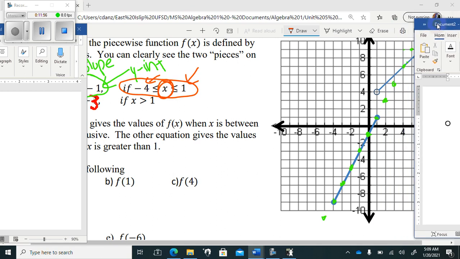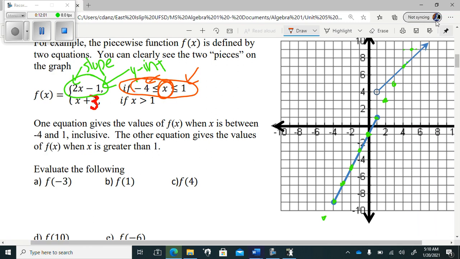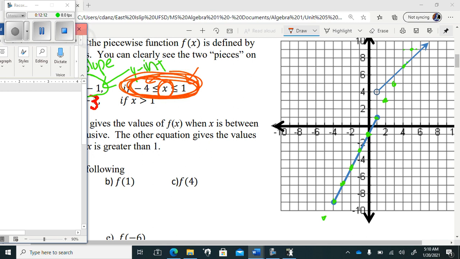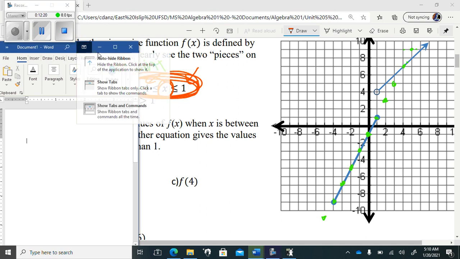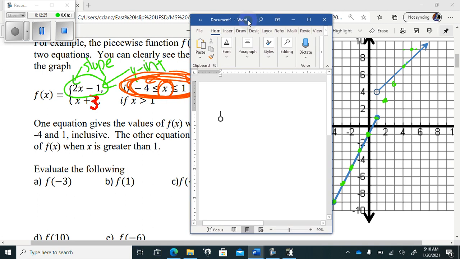So I have to connect the points that I plotted that are between -4 and 1 on the x-axis. So I'm going to use this as my index card and cover up x's that are not between -4 and 1.